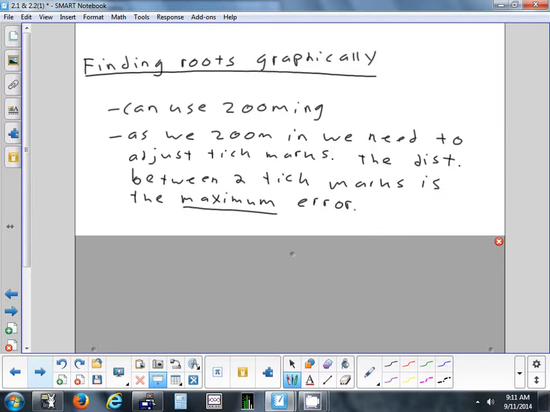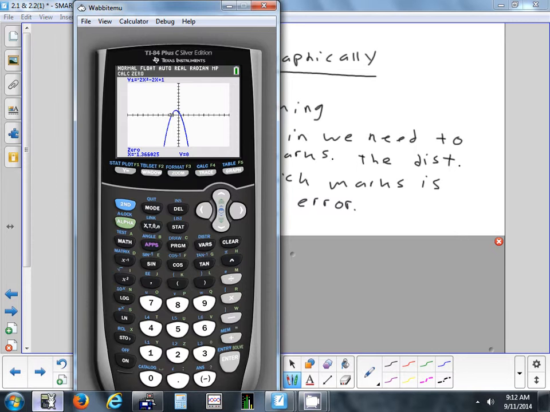So one way that they used to try to find the roots graphically, and this is the old way of doing it, we don't do this anymore, is by zooming in. Older calculators like the TI-81, before the one that you're using, didn't have second calc 0 or root. So the only way to find the roots was to use zoom, because they did have a zoom feature.